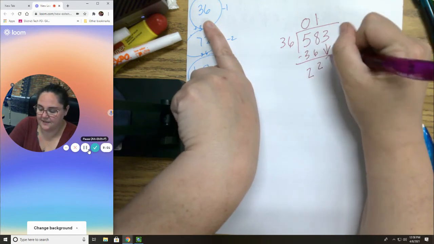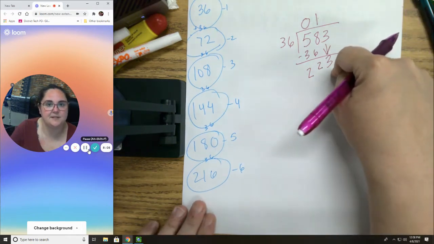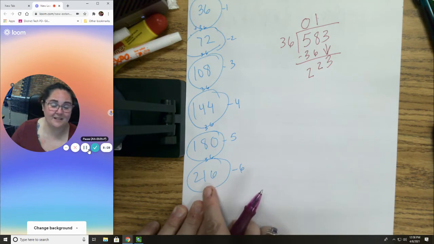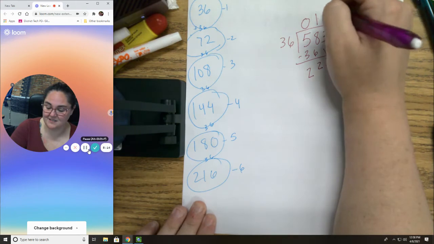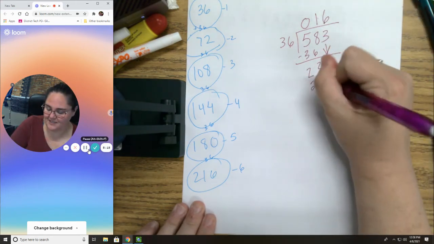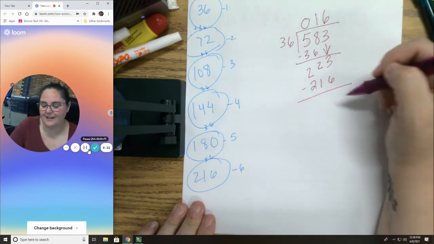Bring it on down. 36 goes into 223 how many times? Well, I can't add another 36 there. It's not enough. So I know it's going to go in there 6 times. 6 times 36 is 216. Subtract it. Let's go. 3 minus 6.